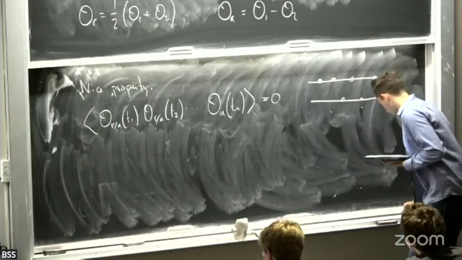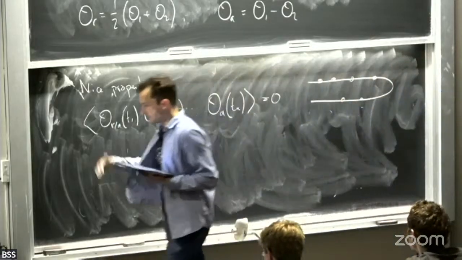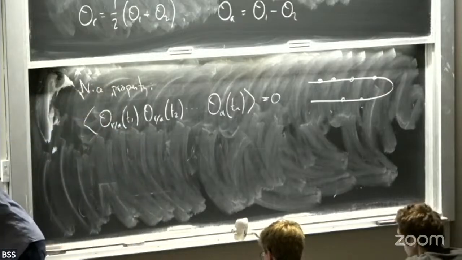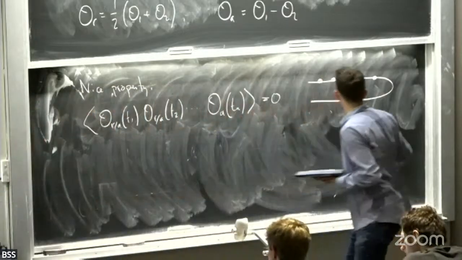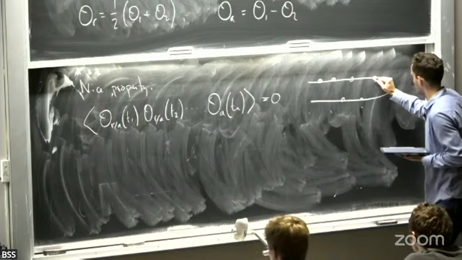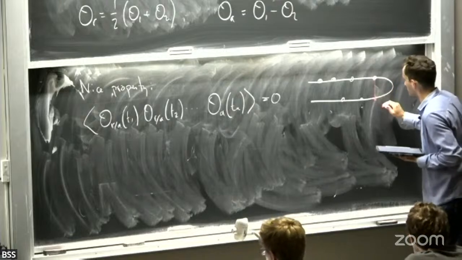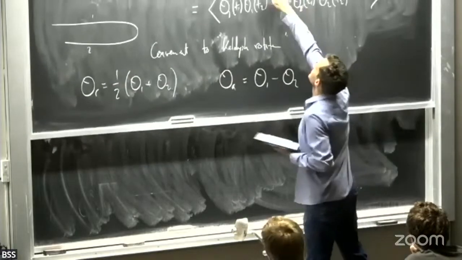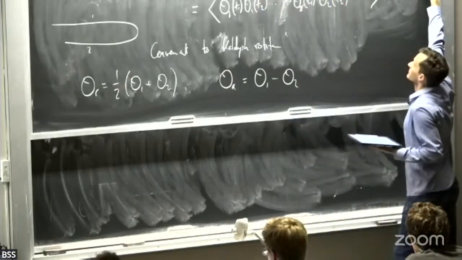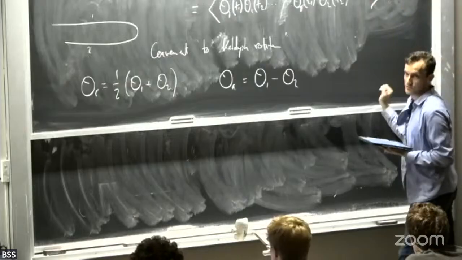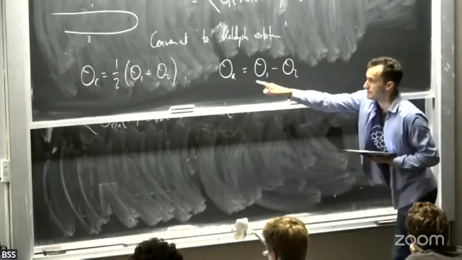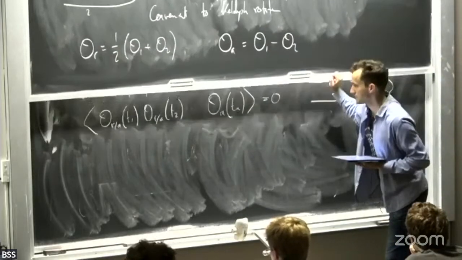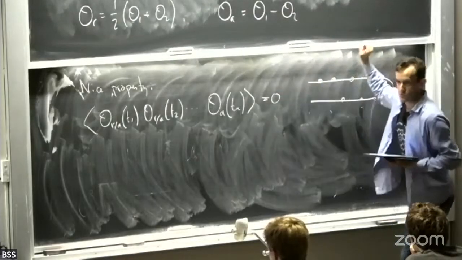But the very last operator in the correlation function, I can put it either up or down by trace cyclicity, right? There's no difference between this correlation function and this correlation function. The latest operator here could also be the latest operator here. It could be 1 or 2. It doesn't matter if it's 1 or 2. So therefore, if it's A, if it's 1 minus 2, you get 0. Okay, so any such correlation function vanishes.